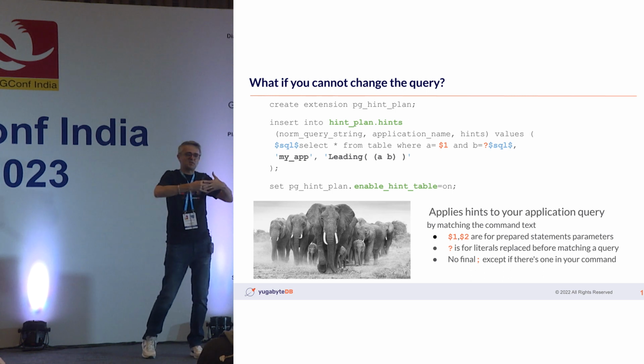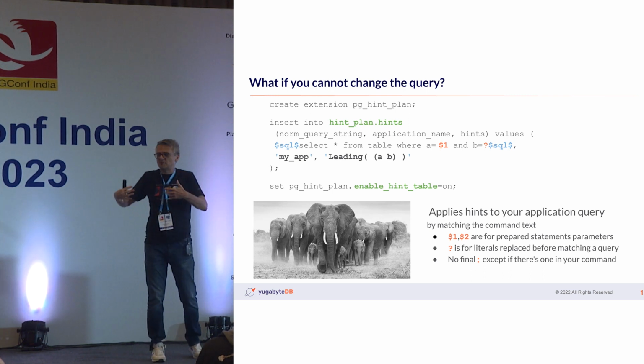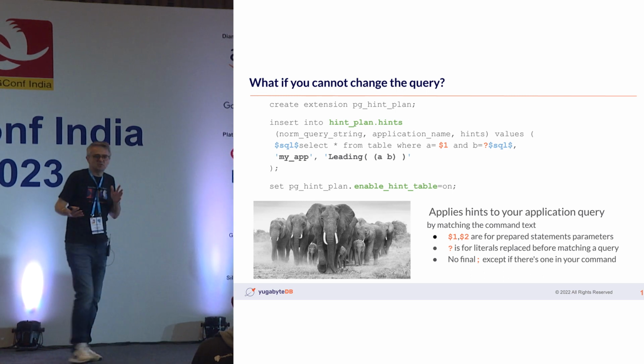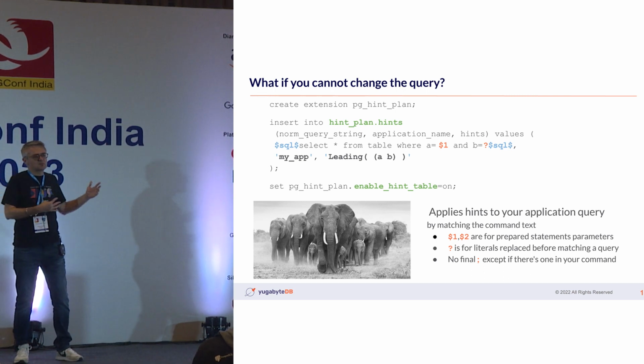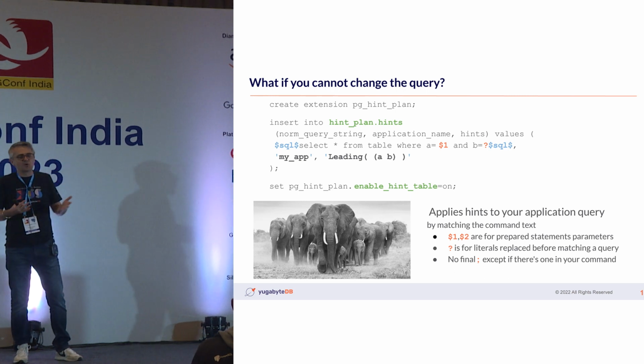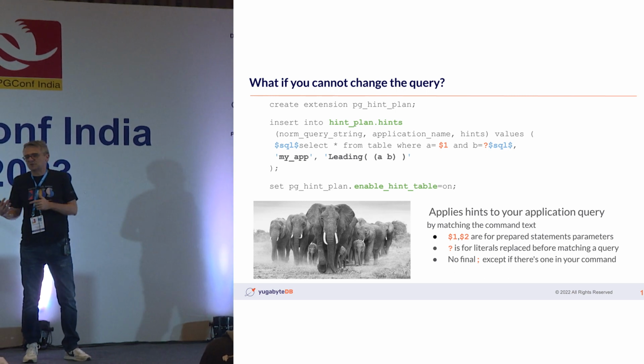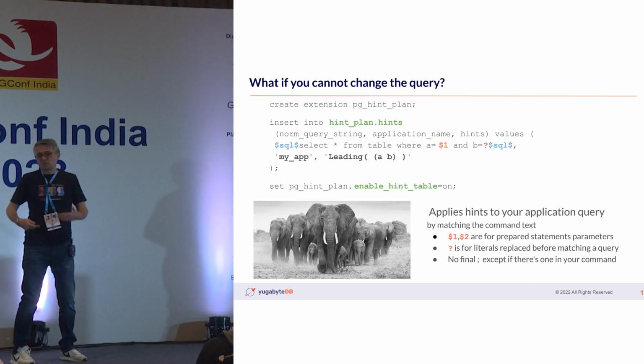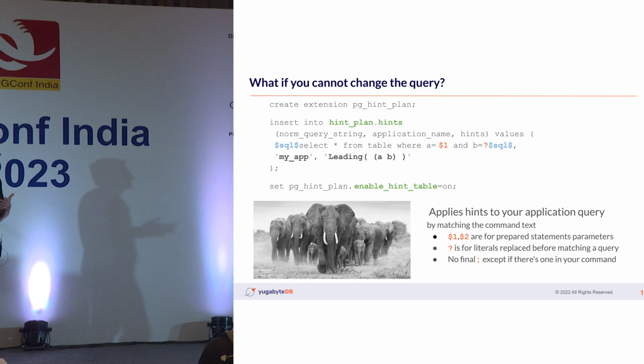So if you have a space difference, an additional semicolon, anything, it will not take it. So it's a bit tricky. I consider it as a workaround. I do not expect that all your queries are in pg_hint_plan to force a plan, but at least you have a way live in production to fix something.